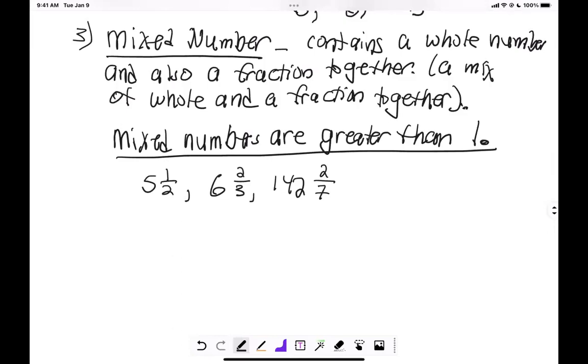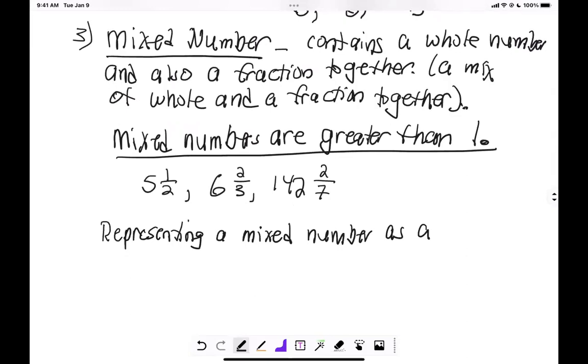Okay, let's look at a couple pictures of mixed numbers. How would you represent that as a picture? Representing a mixed number as a figure or picture. They can be called figures too. So let's say I have 2 1/2. How could I represent that in a picture? Well, you could do something like this.